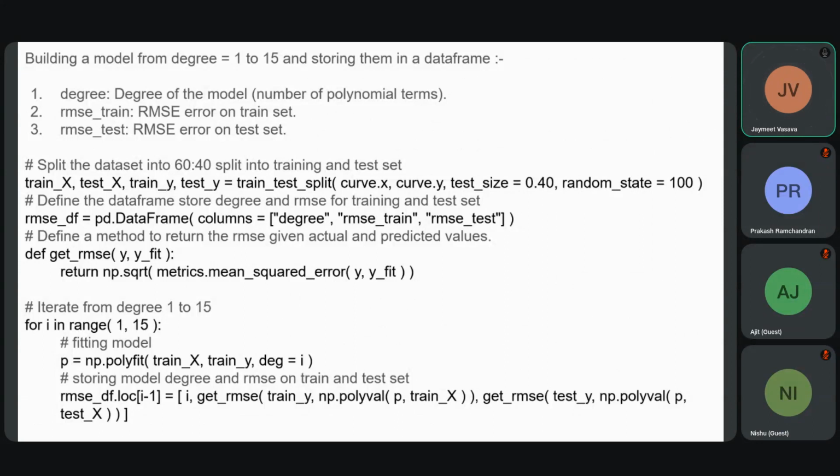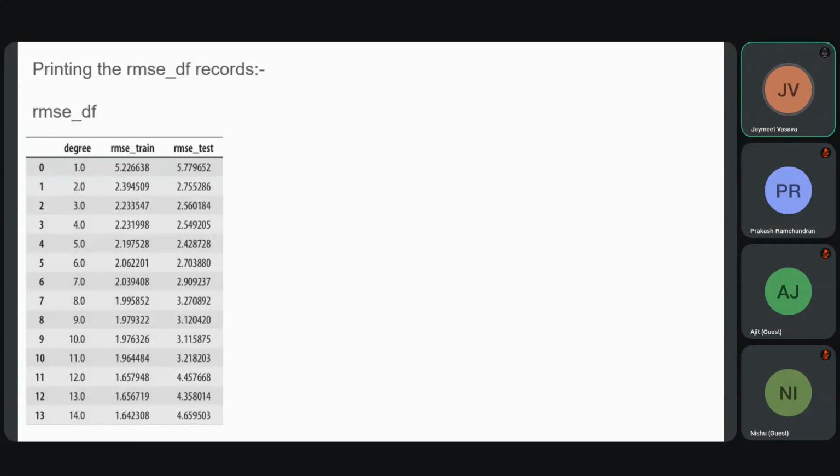And storing those values in the RMSE data frame that we created. So when we print the RMSE data frame, this is what the values look like for the degree, for the train and the test data split.